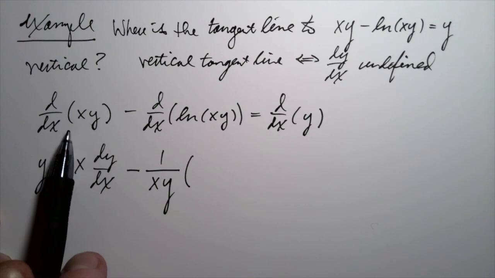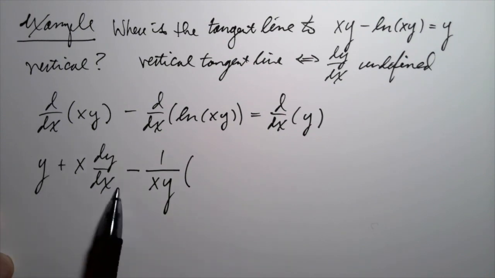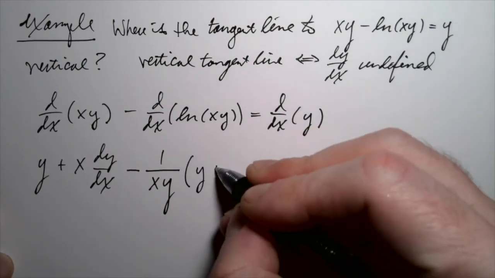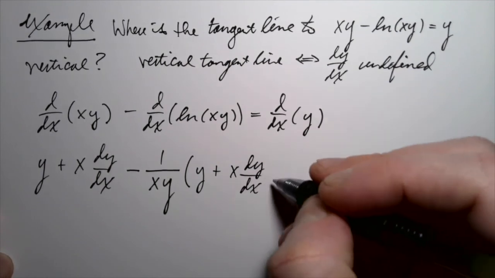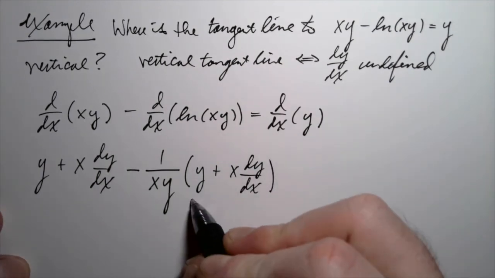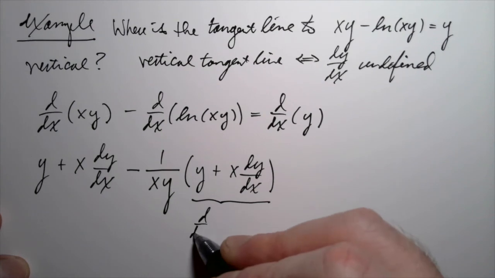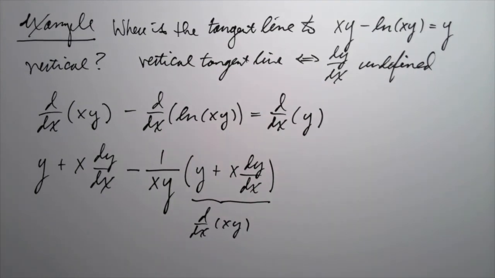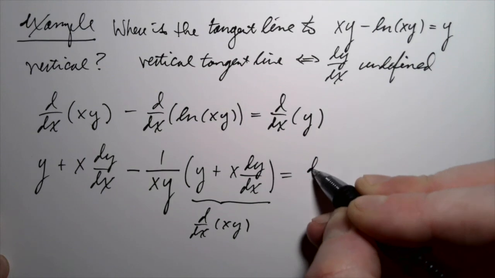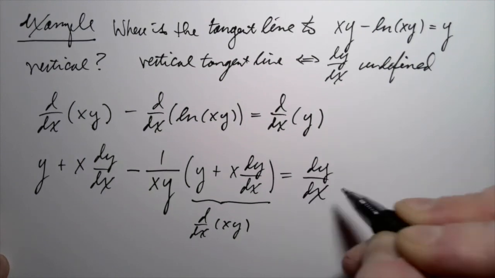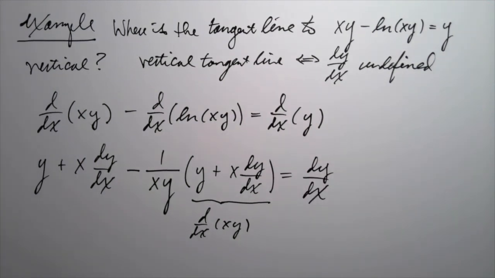But check it out, we just computed the derivative of xy, so we can just use the formula we found for the derivative of xy. I'm just subbing in there. Great, and then on the right-hand side, the derivative of y with respect to x, that's just what it is. It's the derivative we're after.